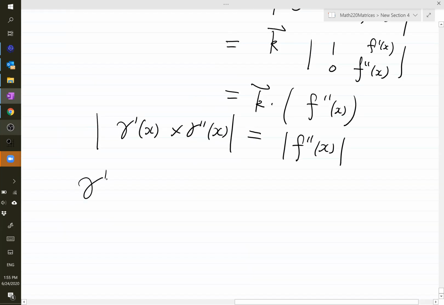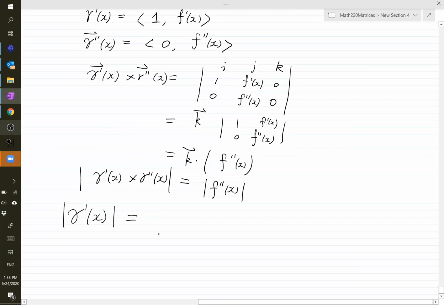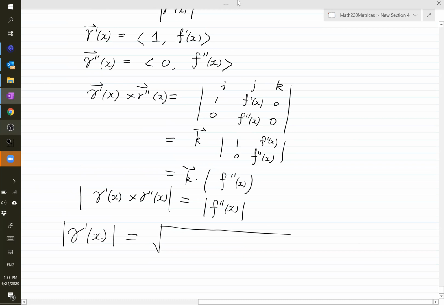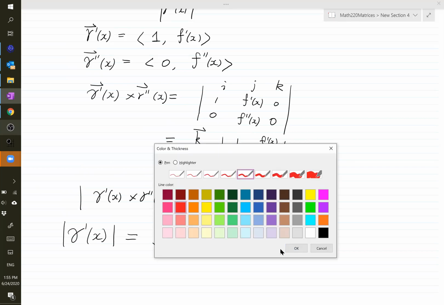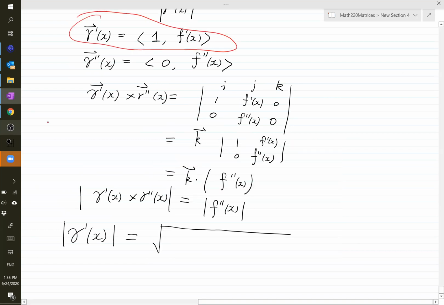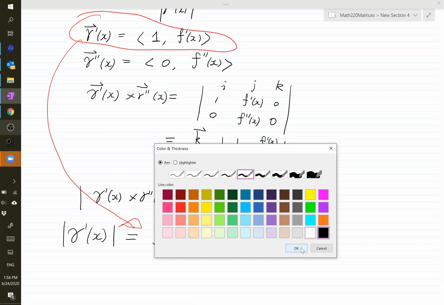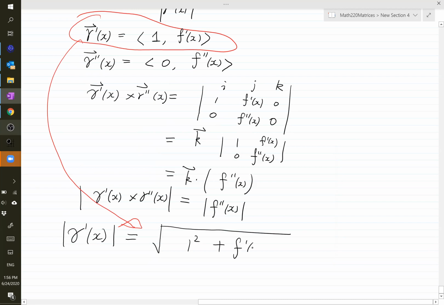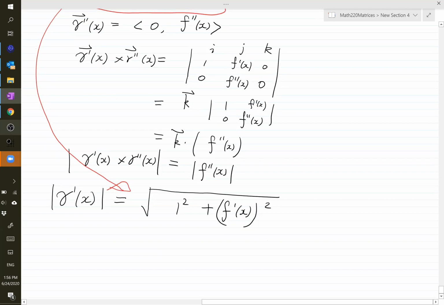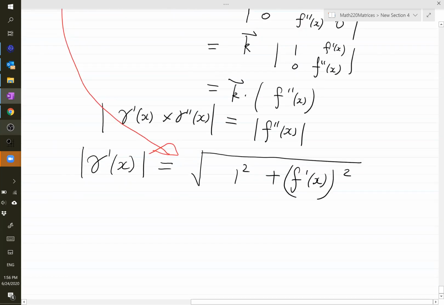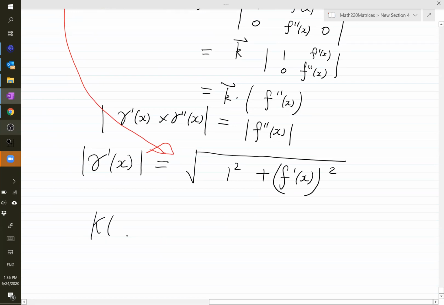Now look at r derivative, (1, f'), and find its norm. We have the components of a vector, and we use the Euclidean norm, so this is 1 plus f derivative squared, to the power 1/2.